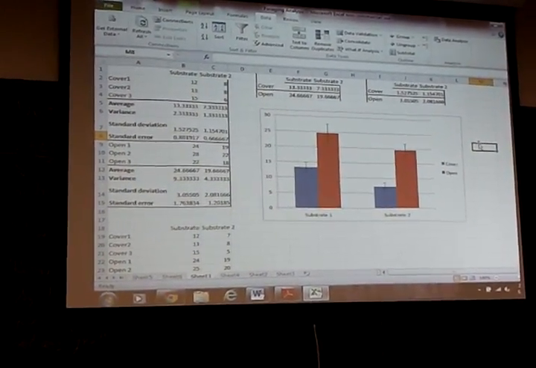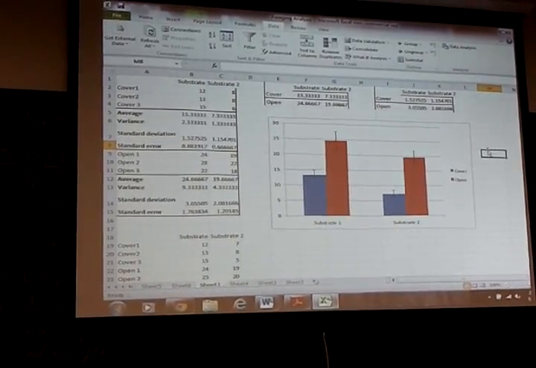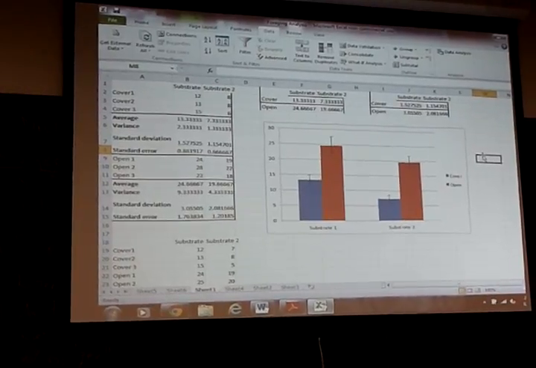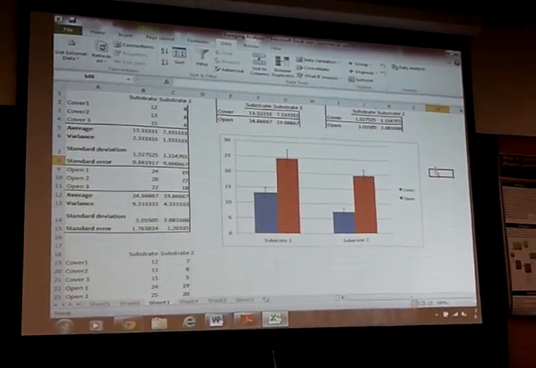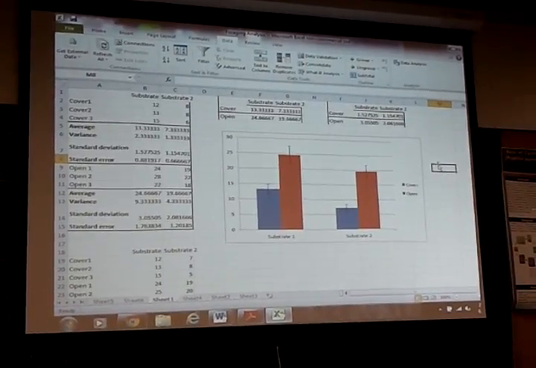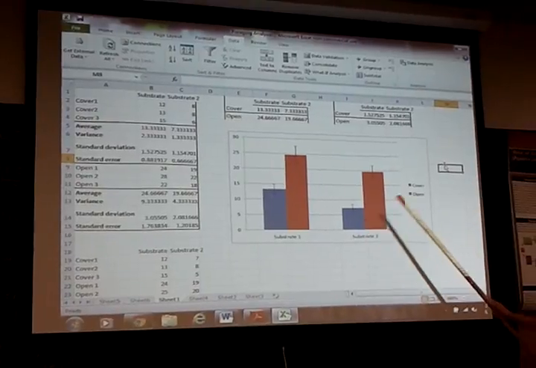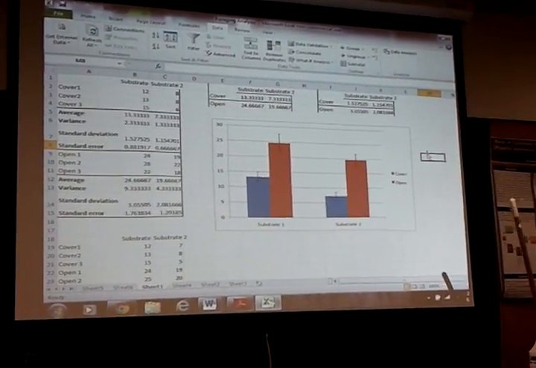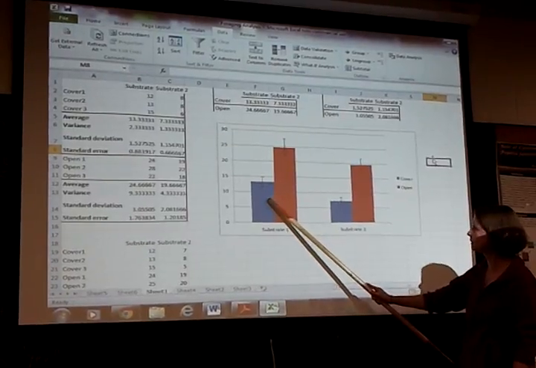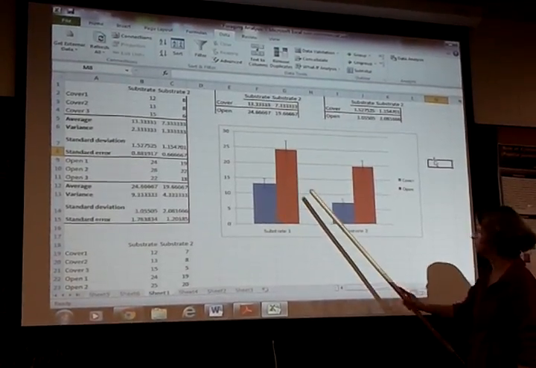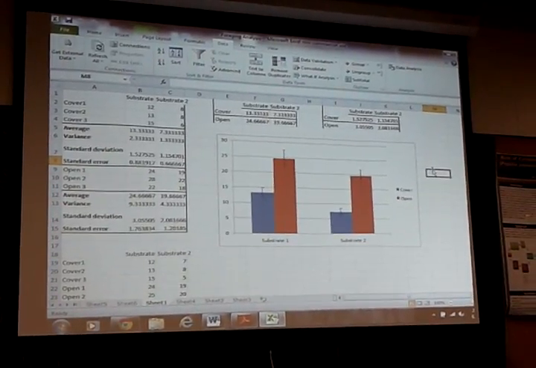This is the example that it gives, but this is again just based off the one variable that you're altering, which we're not doing. We're going to have 2 bars based off of what we're changing, okay? So here we've got substrate 1 with cover and open, and then substrate 2, cover and open, okay?